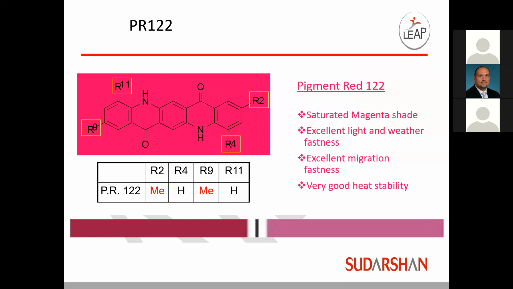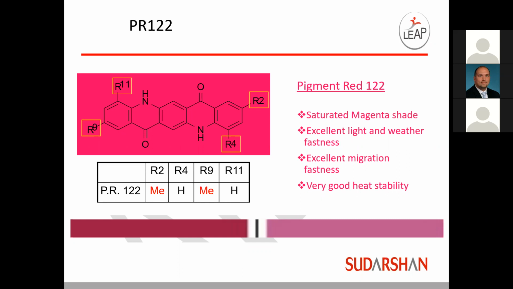Just a little bit more about Pigment Red 122. As stated, it's created by putting the methyl groups on the number 2 and number 9 positions. It provides a nice saturated magenta shade.